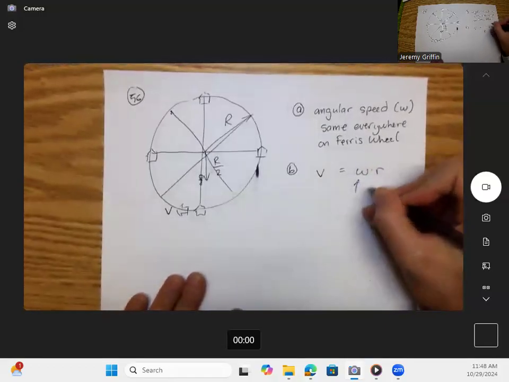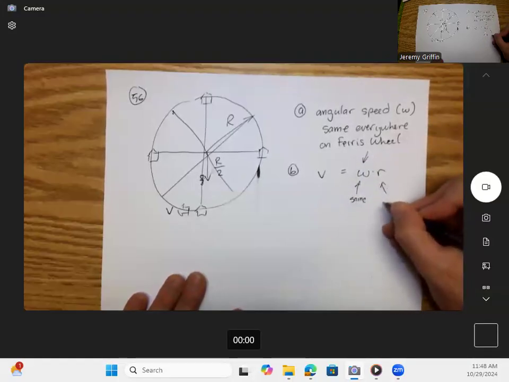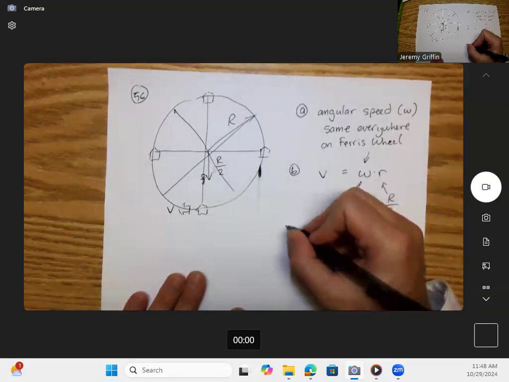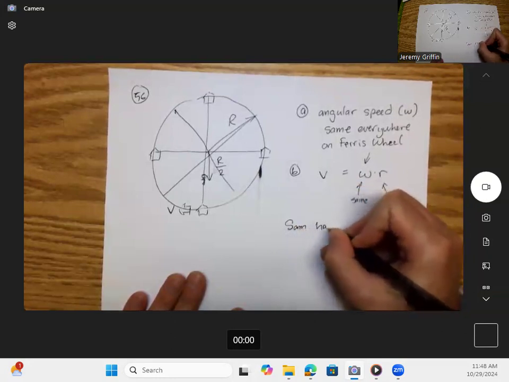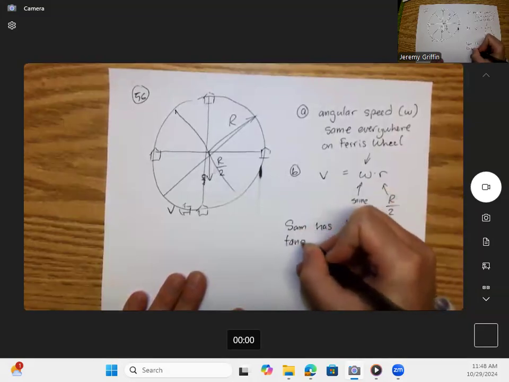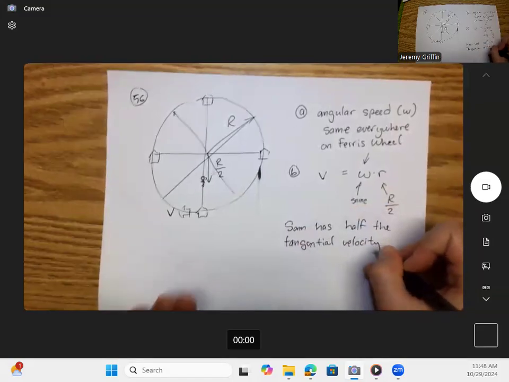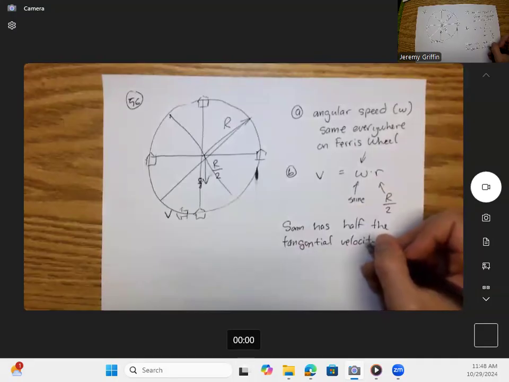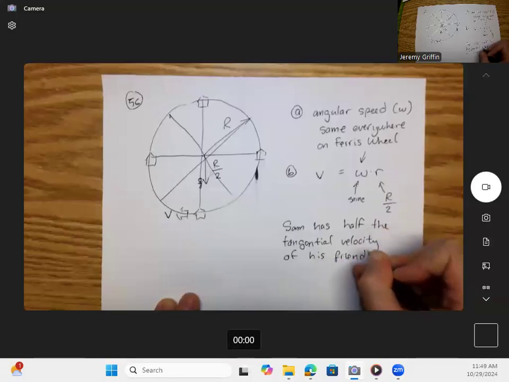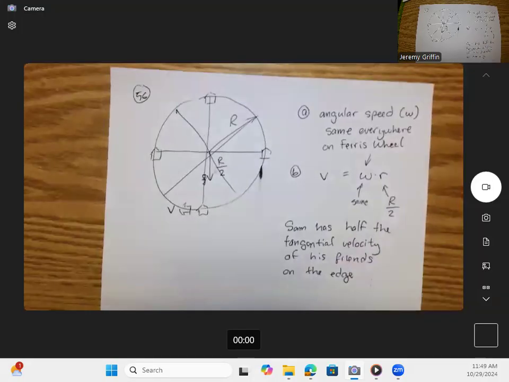If this omega is the same everywhere, and this r is r/2, then Sam has half the tangential velocity of his friends on the edge. Half the speed.